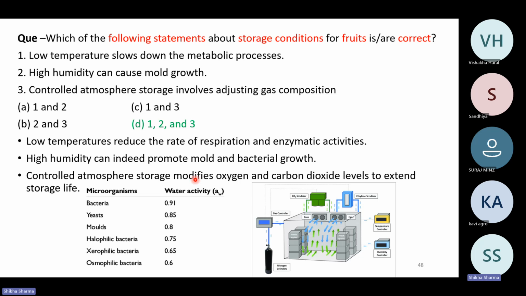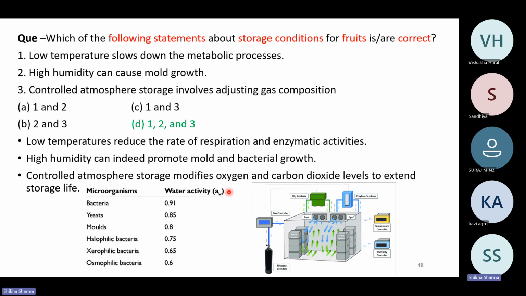That is basically the condition of controlled atmospheric storage. Then the apples will be supplied throughout the year in different parts of India.